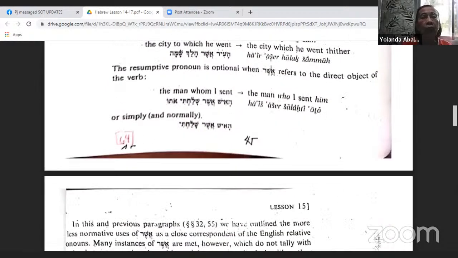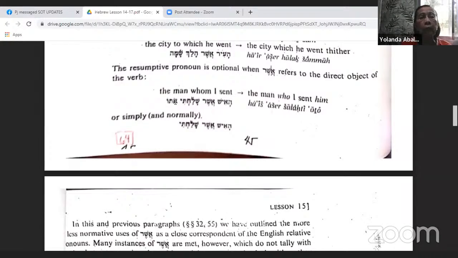Asher refers to the direct object of the word, such as Haish, Asher, Hashalakti, Otto. The man whom I sent. Otto. Ano yung Otto? He is sent. Shalakti, I sent.